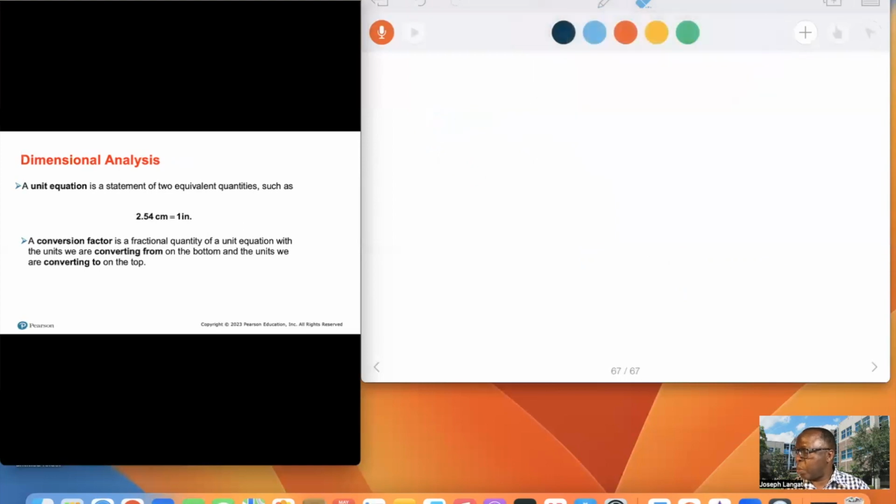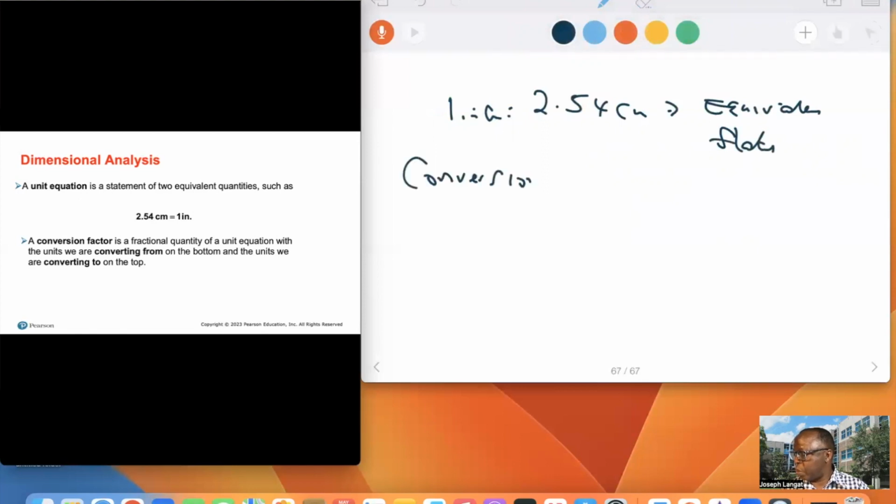No, the other way around. This could be 1 inch, 2.54 centimeters. This is the equivalent statement.